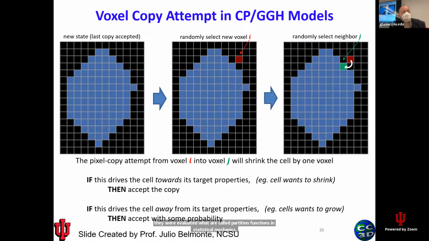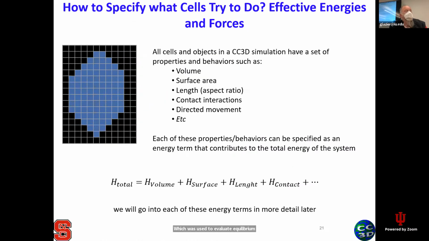This particular algorithm we're using here is a modification I developed of what's called the Metropolis algorithm, which was used to evaluate equilibrium statistical mechanics properties. But it has the advantage that it does actually give you the kind of movement on average that you want, and we'll come back to that in a second. Now, I've talked about this penalty function or loss function. Because of the history, we call this an effective energy.